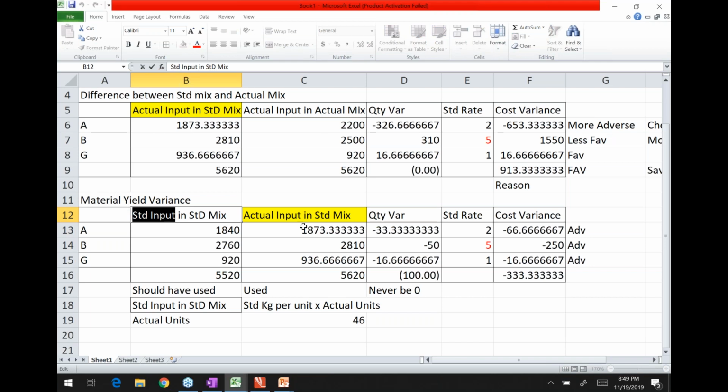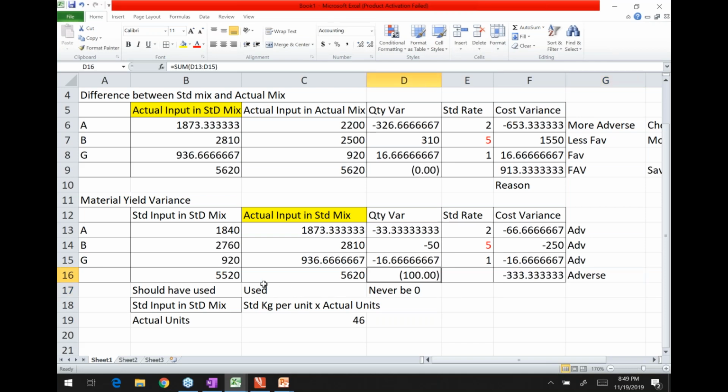Here mix is same, standard mix and standard mix. So it's input versus input, will never be zero, and you've used more by 100, and when you've used more, it's adverse. This is adverse by 100. More quantity used, adverse by 100, and will never be zero.